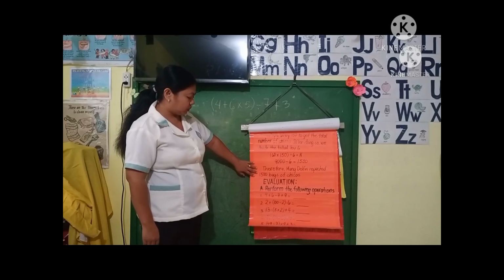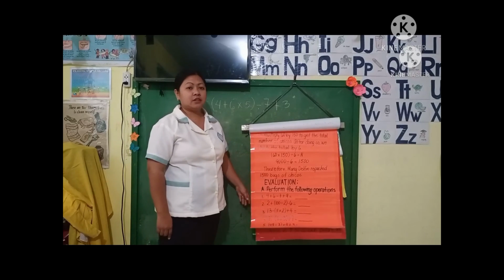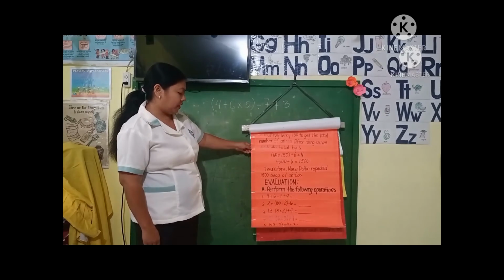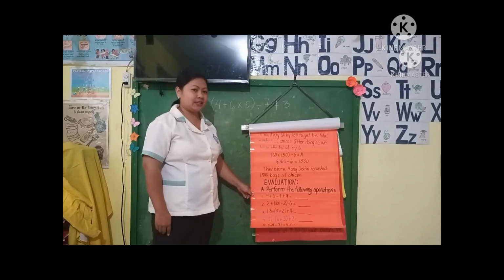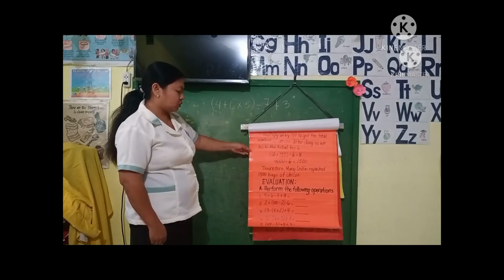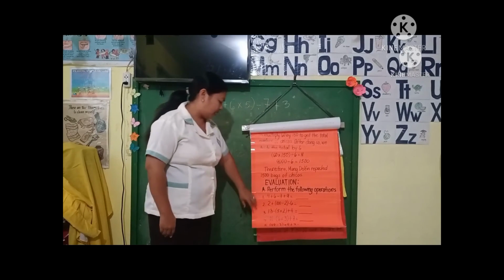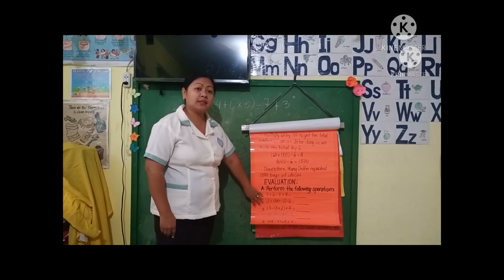Number 2, 2 plus 100 divided by 2 minus 6 is 46. Number 3, 13 minus 5 times 2 plus 4 equals 7. Number 4, 81 minus 6 times 3 plus 7 is 70.